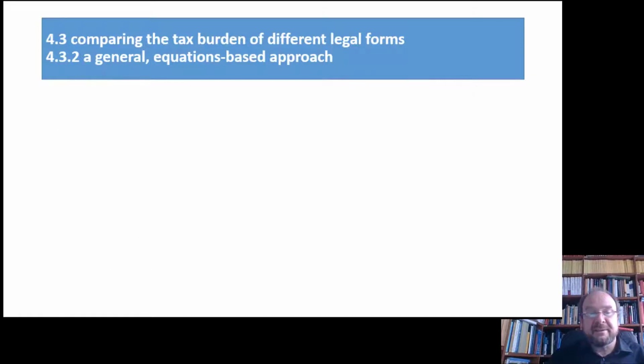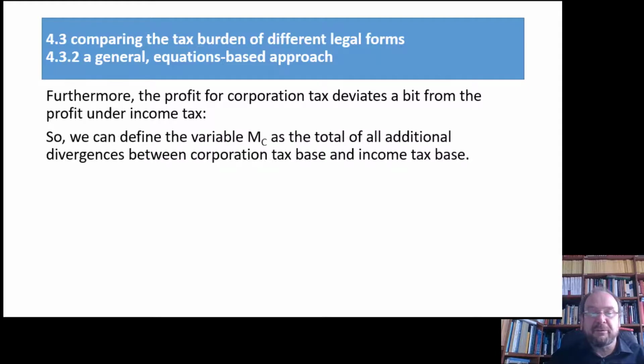Now you can simply follow the same approach for other things. For example, corporation tax is not always completely identical with the tax base which you have under income tax. For example, for corporation tax, there are some other tax exemptions.